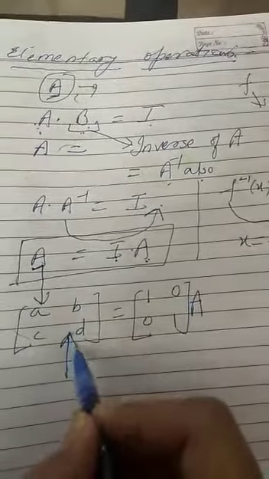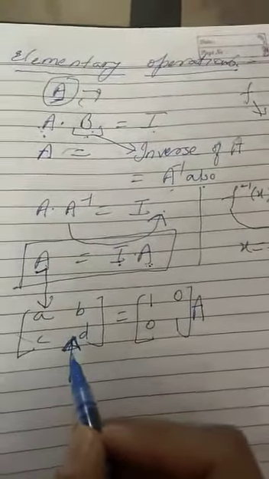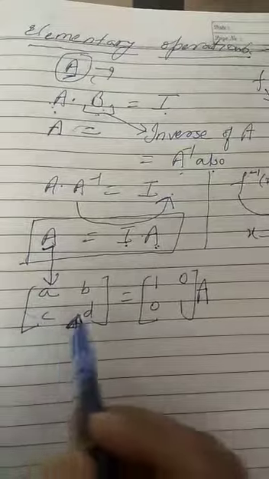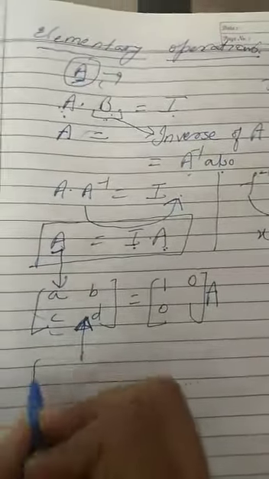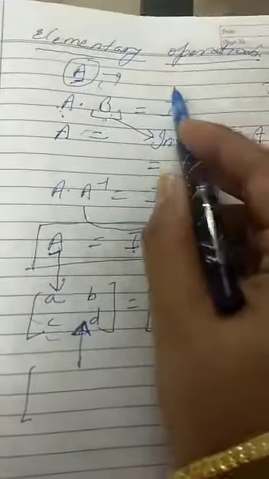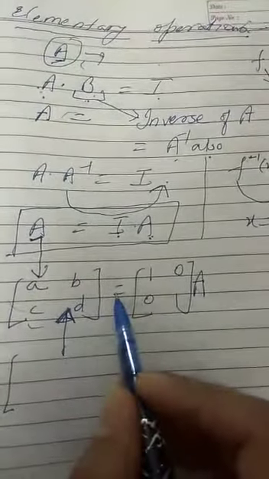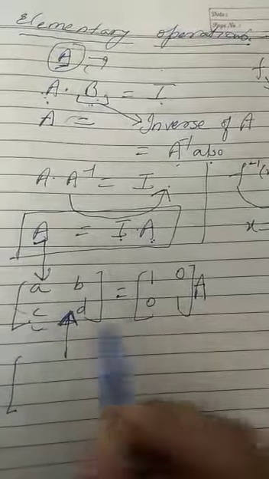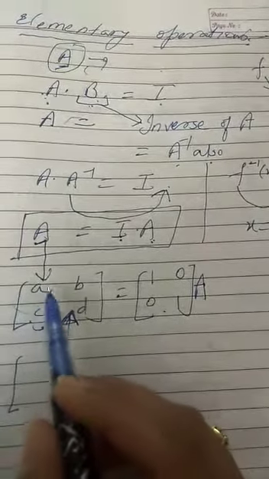Now our motive will be to change this matrix so that I get this matrix as I. Whatever operations I use here, since the sign of equality is there, the operations will be applied on both sides.